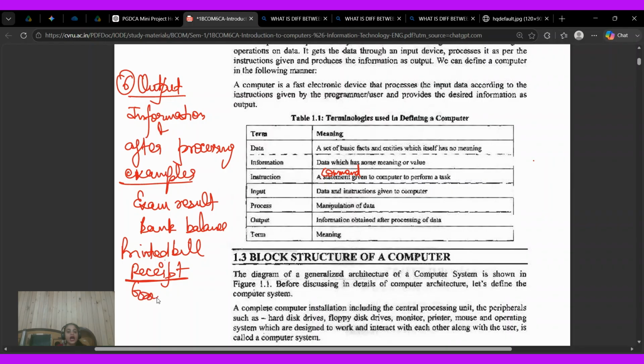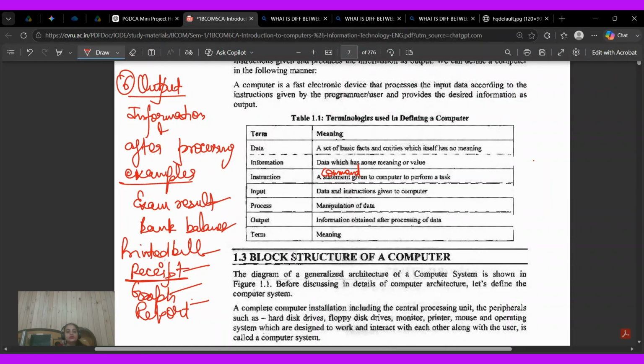Graph, report. So these are all outputs: receipt, printed bill, graph, report, bank balance, exam result. I hope you now understood the meaning.